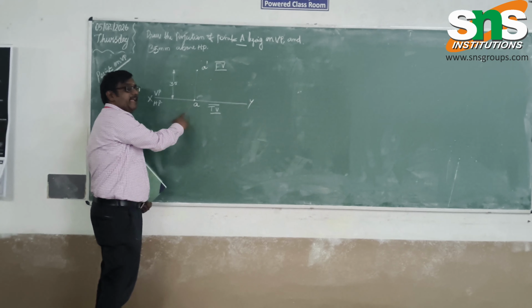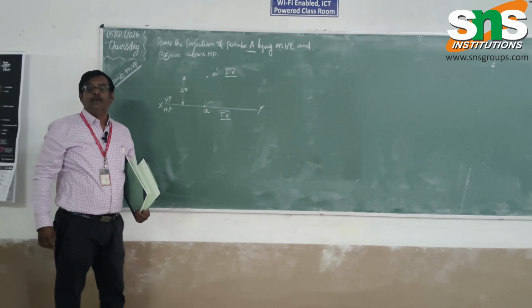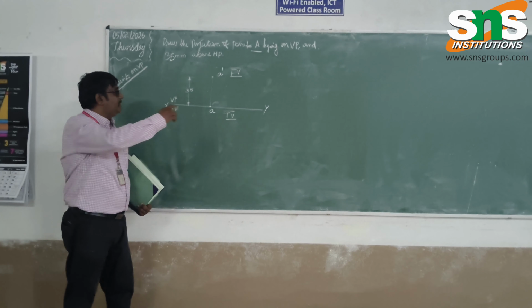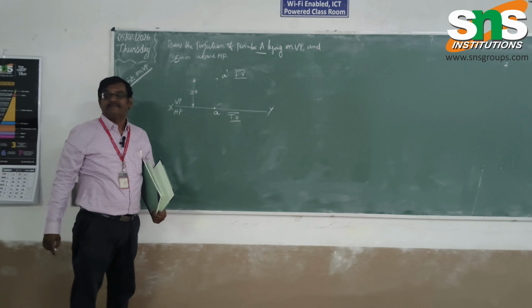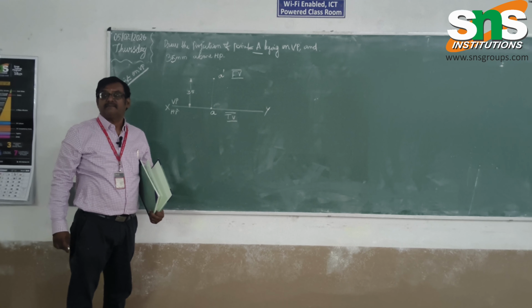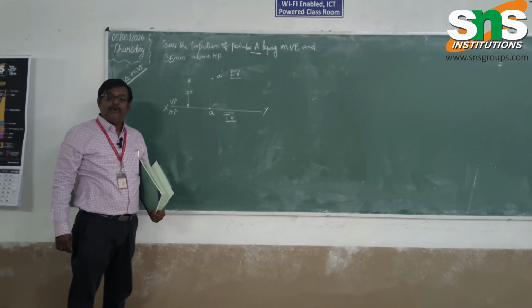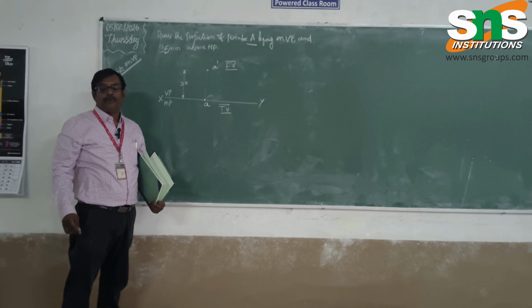Now I have a question. What is the difference between A dash and A? A dash is a front view, A is a top view. That's all.